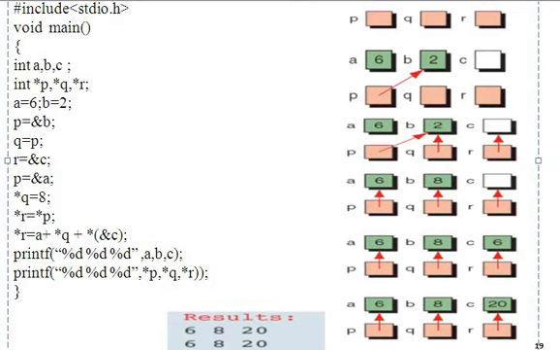Look at the statement, *R is equal to A plus, that is your 6 plus, and *Q, which is 8 plus, and C, look at &C, address of C is in R. Then what is *R? *R is equal to *P, that is your 6. So 6 plus 8 plus 6 is your 20.